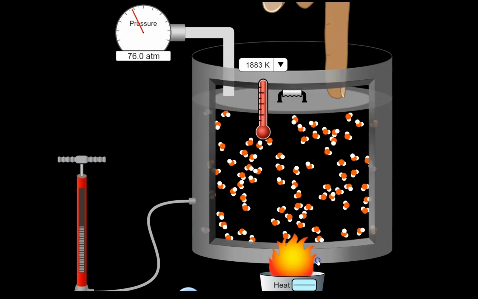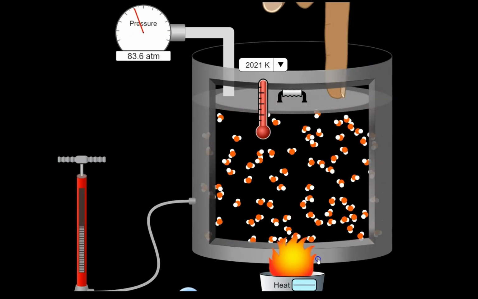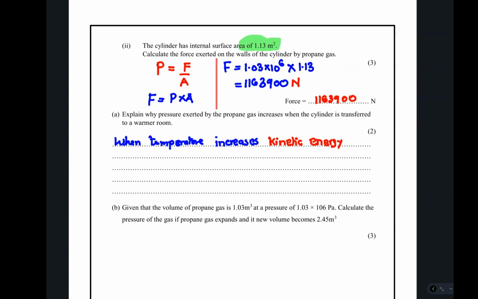You can see that. So in this particular question, this is the concept that you are supposed to talk about: an increase in temperature increases the kinetic energy of the gas particles, and as a result the number of collisions per unit area on the walls of the cylinder increases, and this results in an increase of pressure.